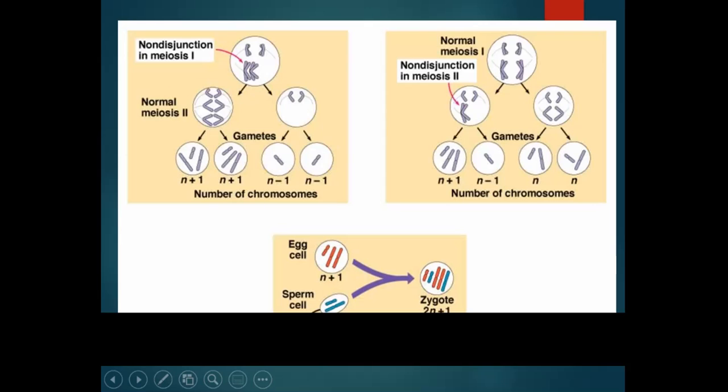Now, in any case, if one of these becomes the egg cell or the sperm cell that produces a new organism, that organism may be lacking a chromosome or may have an extra chromosome. Most of the time, that's fatal. And in fact, that's one of the most common ways that you could have a miscarriage, is to have a child with a chromosomal defect. So fetuses with chromosomal defects very often will die before birth. They're not necessarily viable.